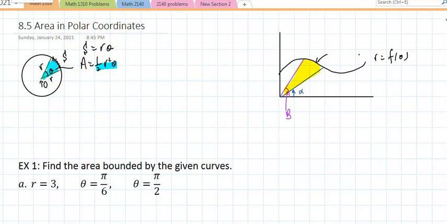Now, that's the area of a sector, but here we have variation.